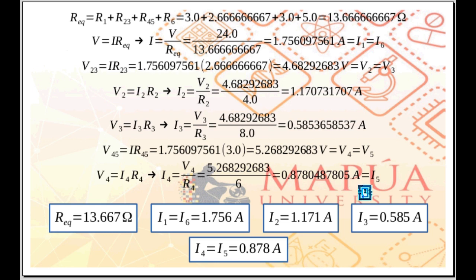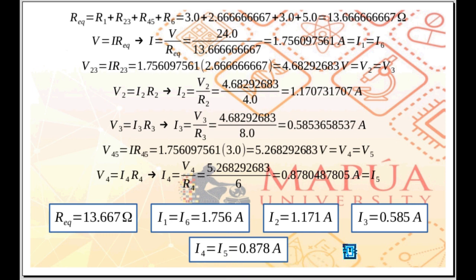And since R5 is also 6 ohms, the same as R4, the current I5 is the same as current I4. I5 is also equal to 0.878048780 amperes. Thus, I4 is equal to I5 is equal to 0.878 amperes.